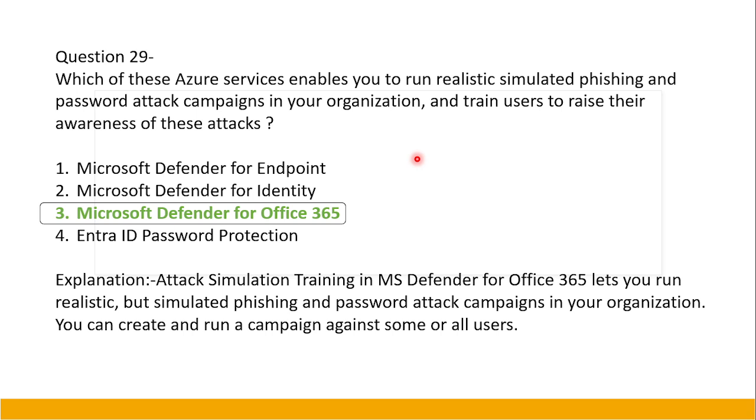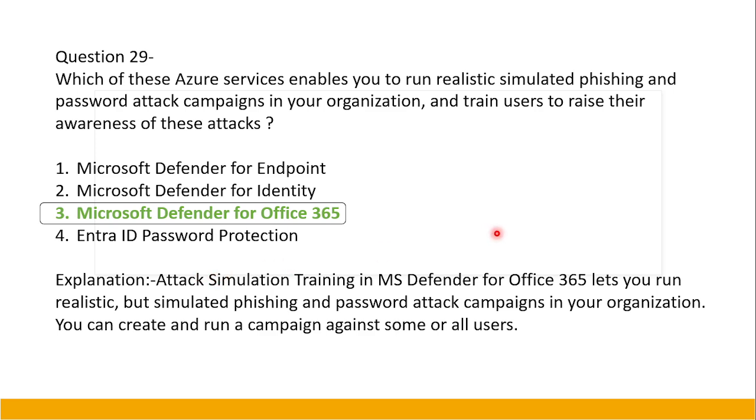Now here four options have been given. Option number 1, Microsoft Defender for Endpoint, Microsoft Defender for Identity, Microsoft Defender for Office 365, Entra ID password protection. The correct option here is option number 3.